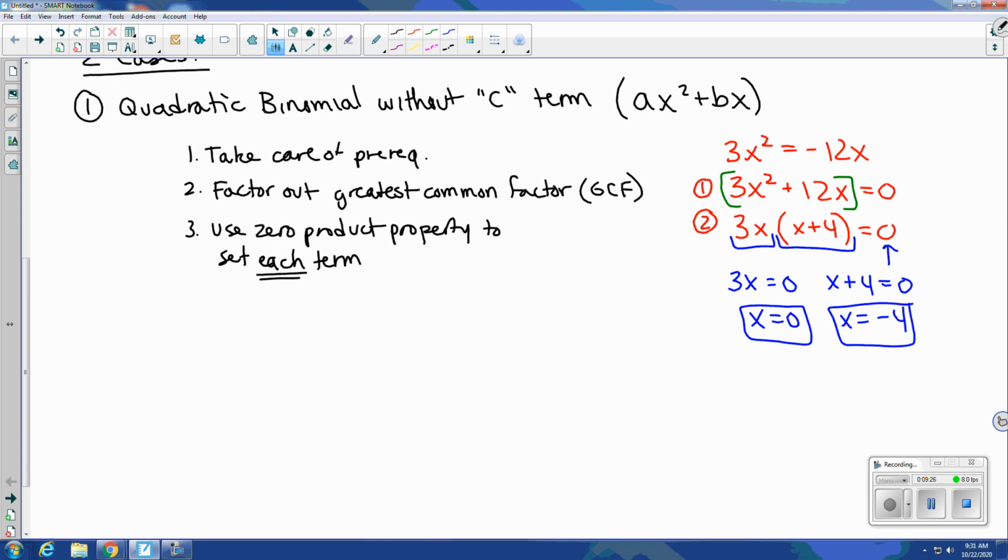This is important. Every single term, you don't get to choose, do every single one because you have to consider the possibility that any of them could be equal to 0. Then solve each sub-equation to get the solutions to the quadratic.